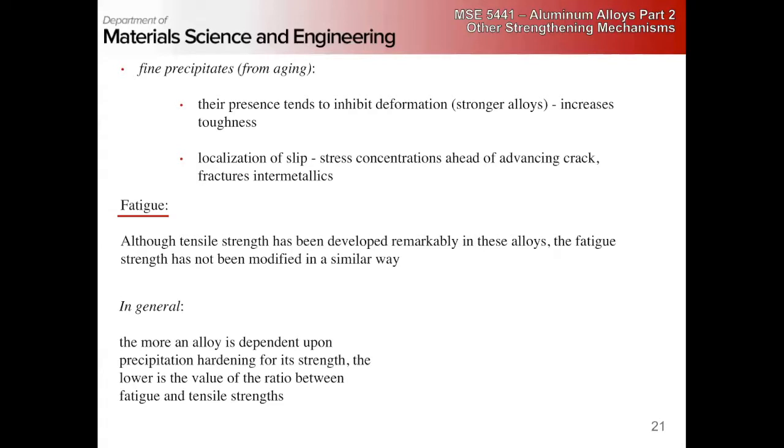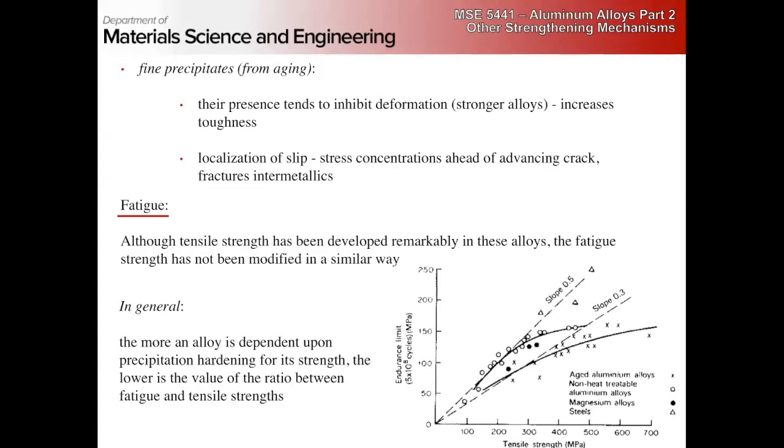And I want to make a general point, and this is an important point, so I probably should have put this in a box: the more an alloy is dependent on precipitation hardening for its strength, the lower the value of the ratio between fatigue and tensile strengths, right? So that means our tensile strength is going up much faster than our fatigue strength, our fatigue limit. And that's just a trend we haven't really been able to break away from yet.